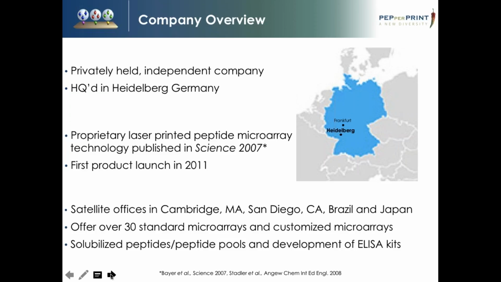We offer over 30 standard microarrays, and a majority of our business comes from customized microarrays in which we design and develop arrays based on particular researchers' needs. We are growing, and we offer solubilized peptide and peptide pools, which are clinical and research grade, and in co-development of a number of ELISA test kits that will eventually be used in a diagnostic setting.